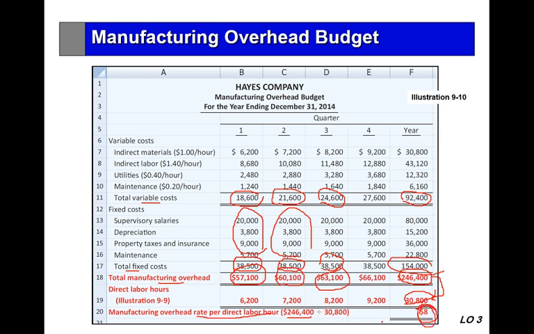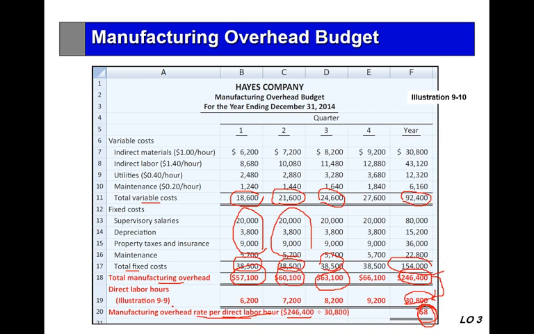It means that for every unit of input, which here is direct labor hours, we must apply $8 of manufacturing overhead in total.